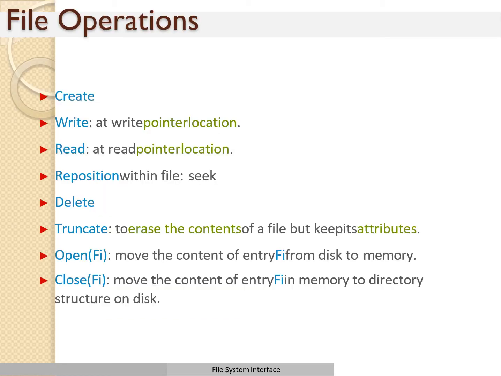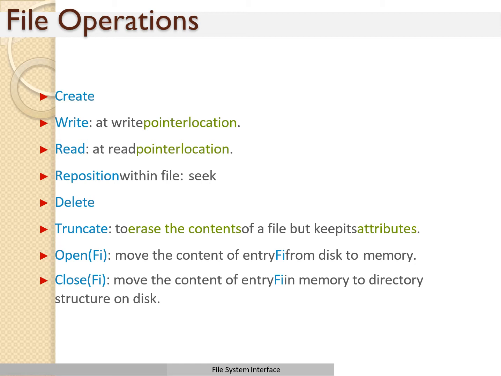There are different file operations. One is creating a file, another is writing to a file, that is at the write pointer location, reading a file at a read pointer location, repositioning within a file, which is also known as a seek operation, deleting, and truncate.